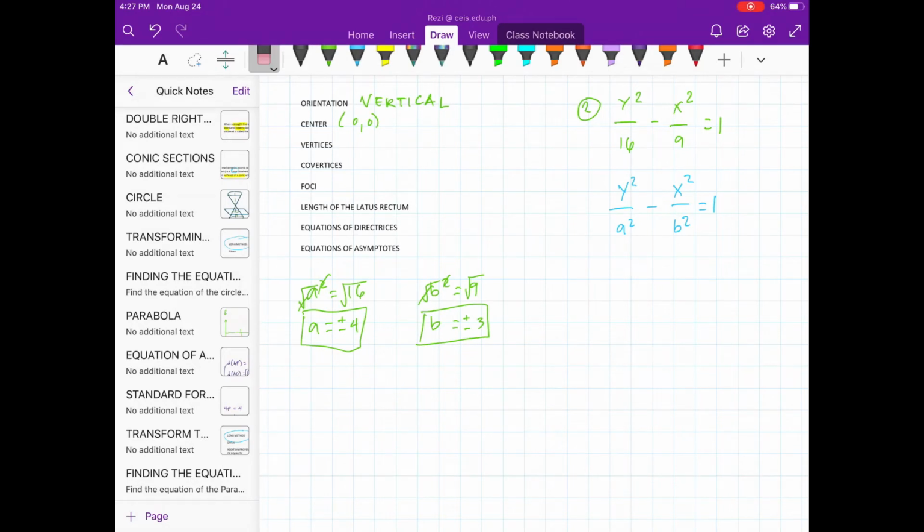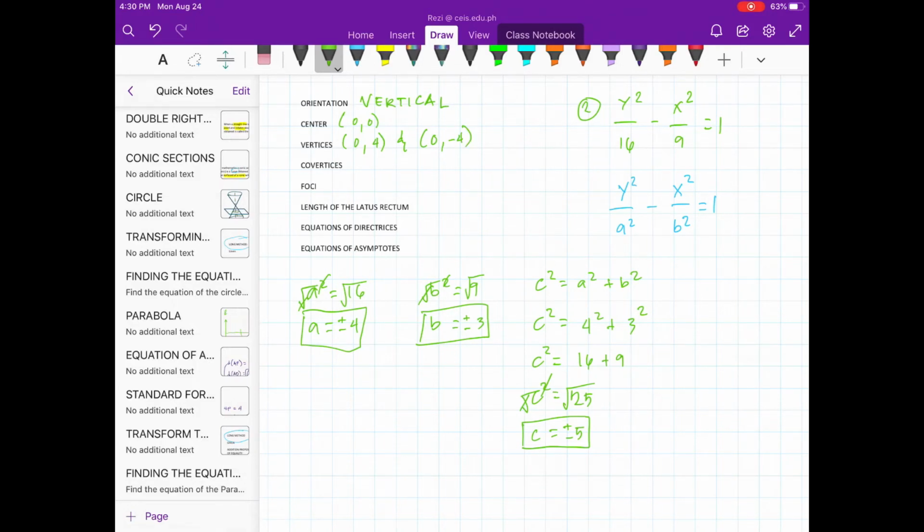So let's use the Pythagorean theorem. Our a is on the y-axis, therefore our vertices are (0, 4) and (0, -4).